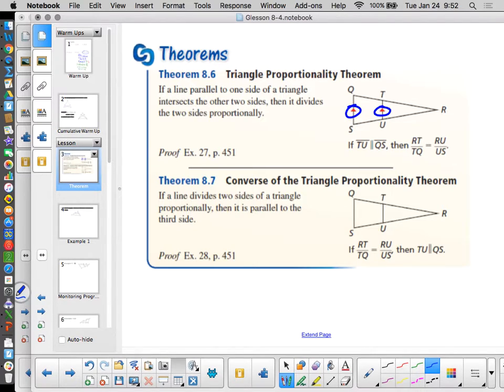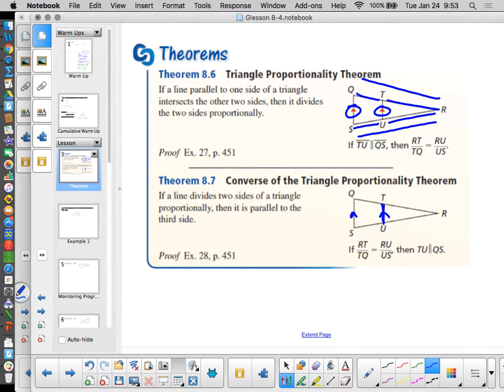So QT over SU is the same as TR over UR, which is also the same, by the way, as QR over SR. It's all proportional. And conversely, if the proportion is true, then that segment here must be parallel. Then these must be parallel sides if those proportions are true.